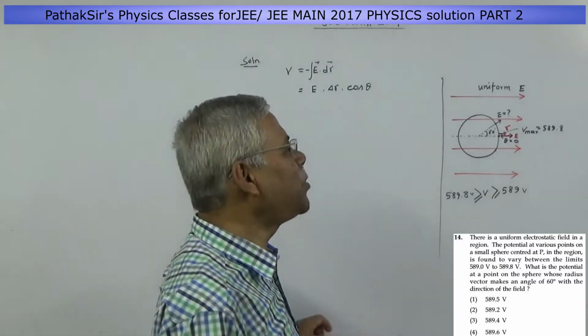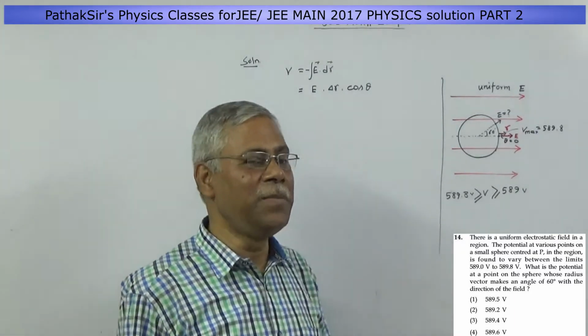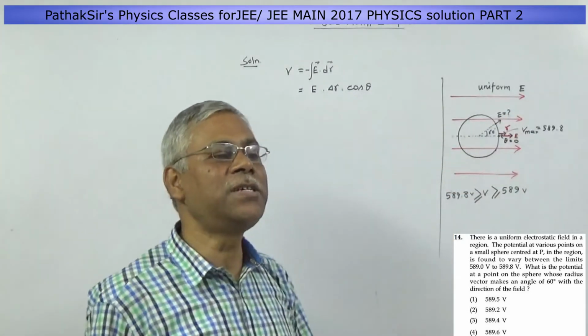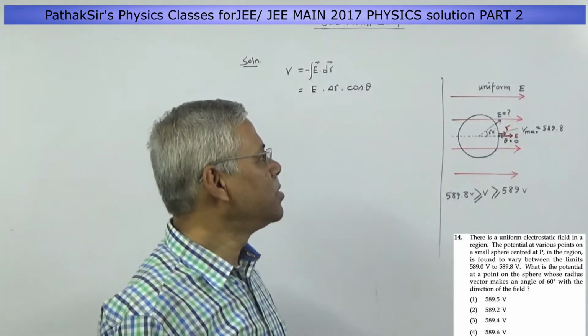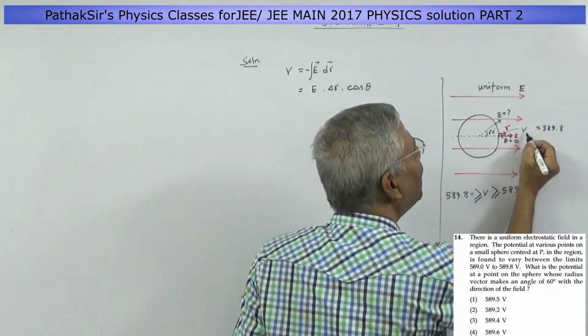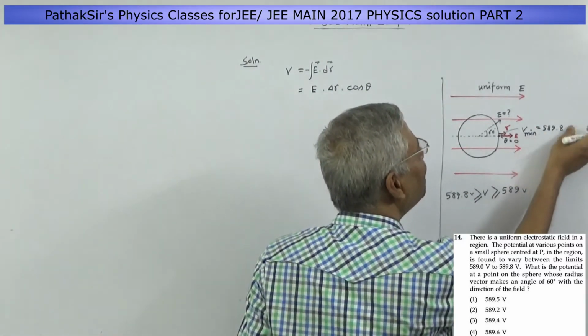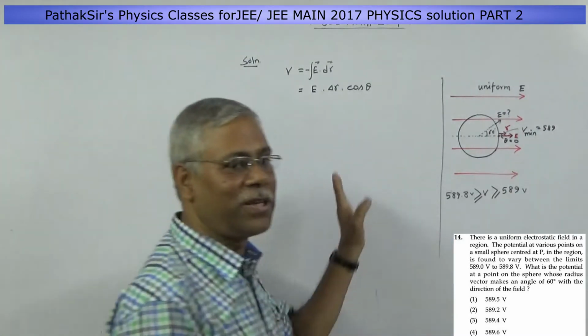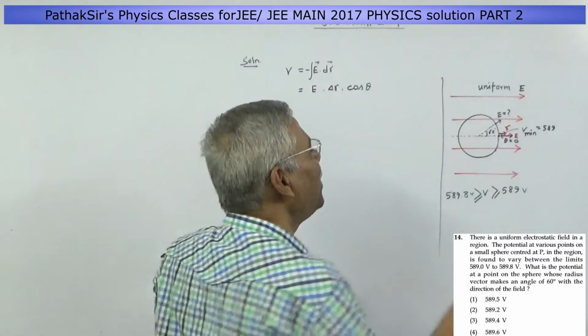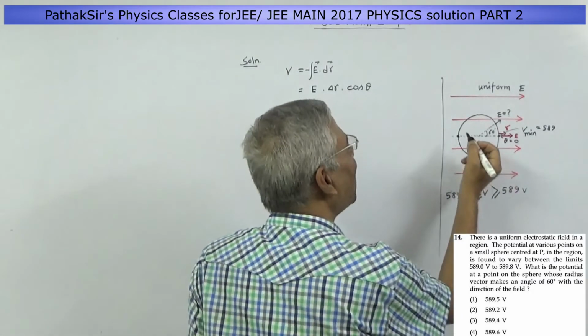And at which point is the potential minimum? We know along the direction of the field, potential decreases. So here the potential will be minimum. At this point it is 589, and at this point it is 589.8.